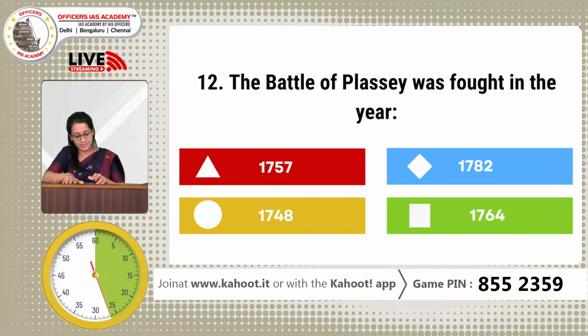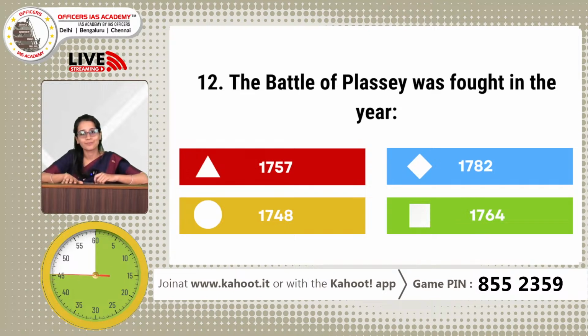Very close options. The Battle of Plassey is a very important event in India's history because it marked the beginning of British conquest in India, the battle in which the British were able to defeat the Nawab of Bengal, Sirajuddaulah. You have 20 seconds.